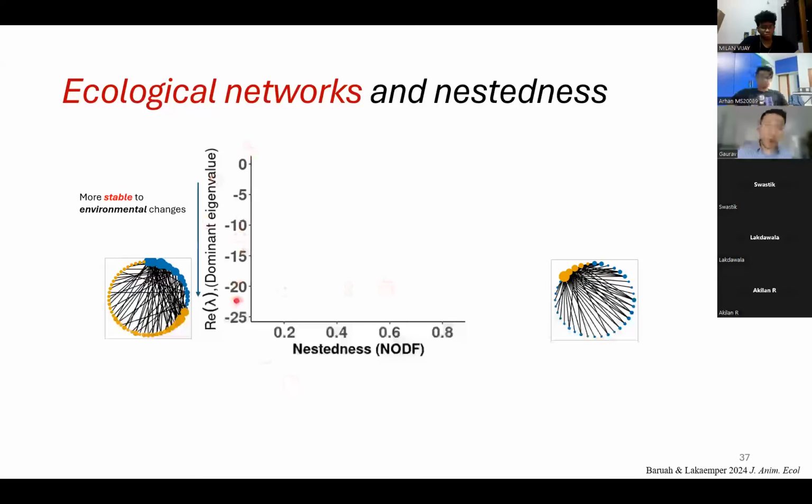Okay, so on the y-axis here is the dominant eigenvalue. Maybe you know what the dominant eigenvalue is. The short answer is that it captures the stability of such networks at equilibrium. The more negative the value is, the more stable a network is, and the less negative the value is, the less stable a network is.